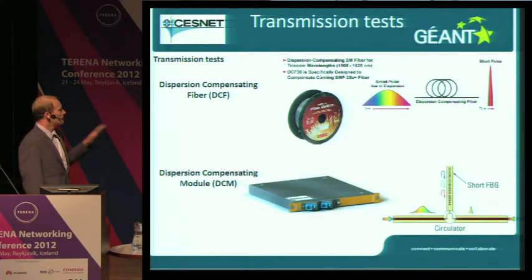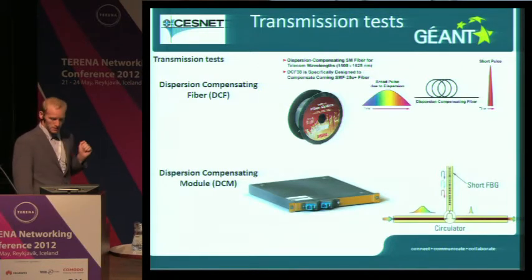These modules have the advantage in length, because they are quite short, just a few centimeters or maybe a meter, with respect to the dispersion compensating fiber, which can be even kilometers long. It depends on how much dispersion you need to compensate.